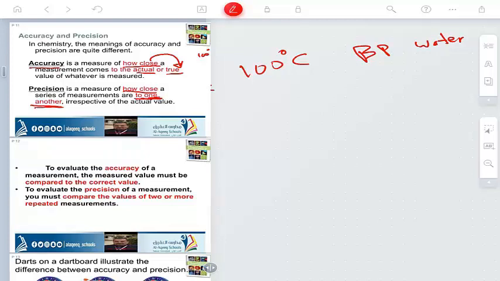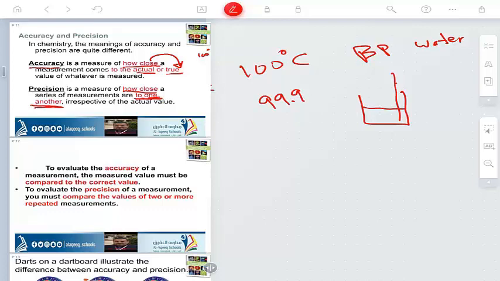If you are doing an experiment in the lab and you want to measure the boiling point of water by thermometer, something simple, okay? You put the boiled water and the thermometer reads, for example, 92.9.